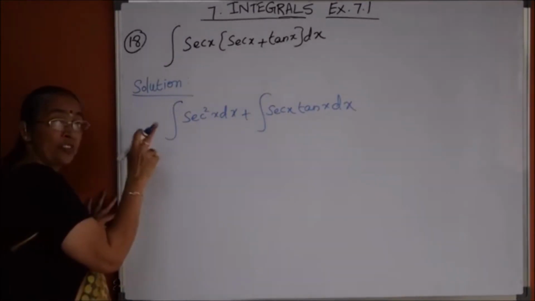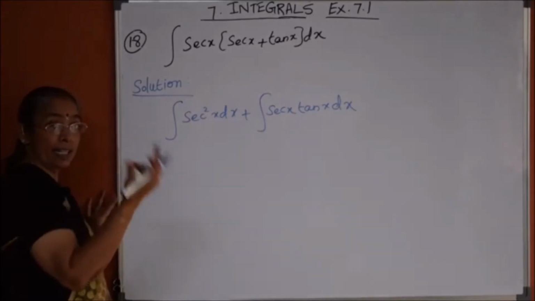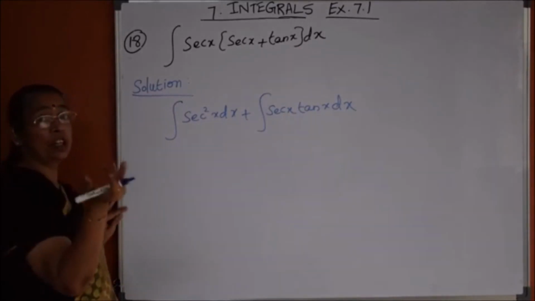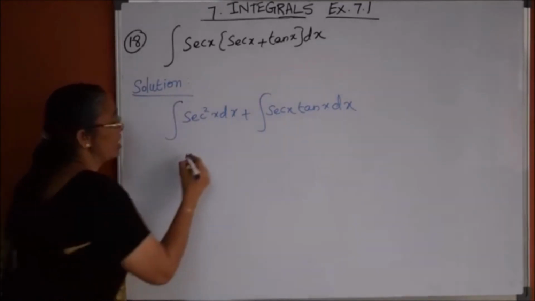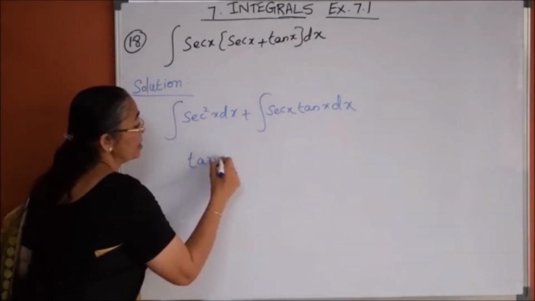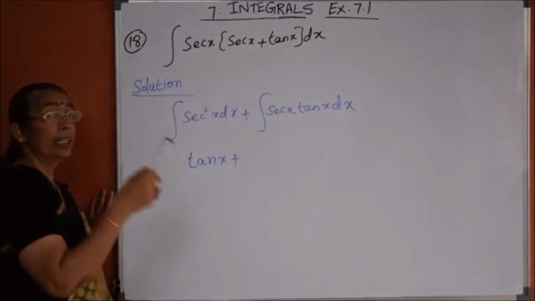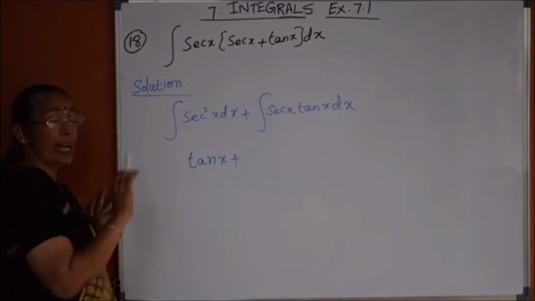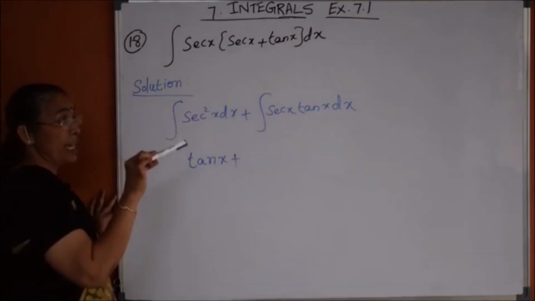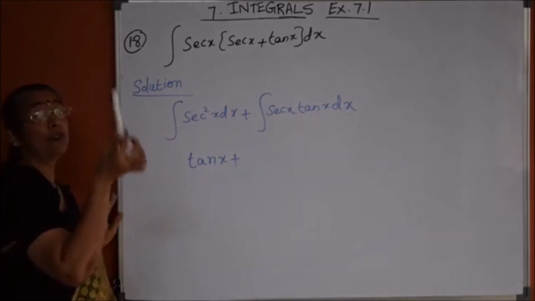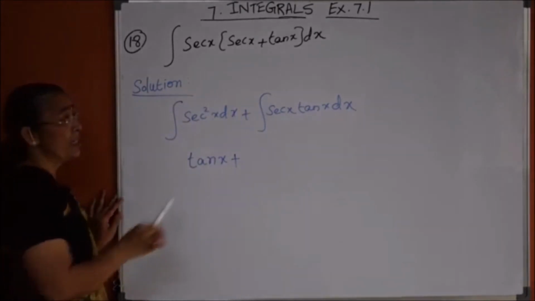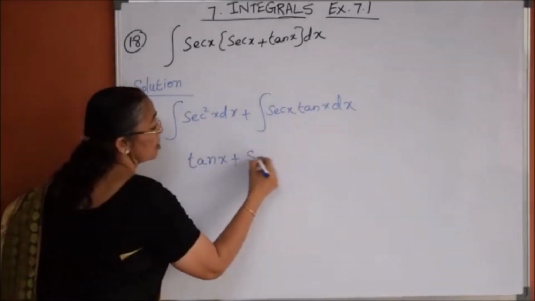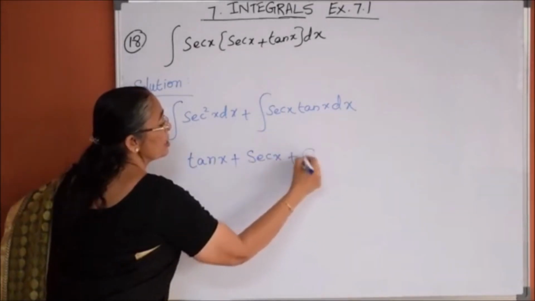The integration of secant square x is nothing but tan x, because the differentiation of tan x is secant square x. Plus the integration of secant x tan x. Secant x tan x is the derivative of secant x. Therefore the integration of secant x tan x is nothing but secant x plus c.